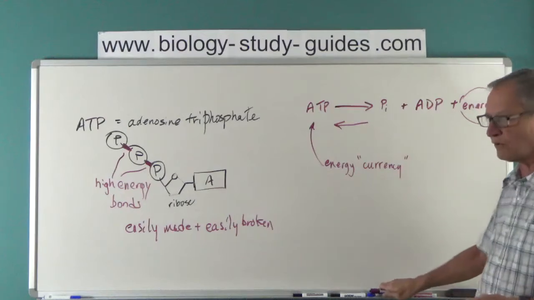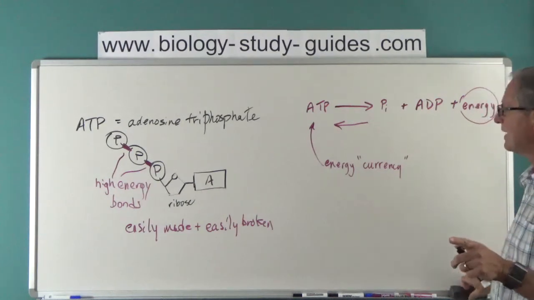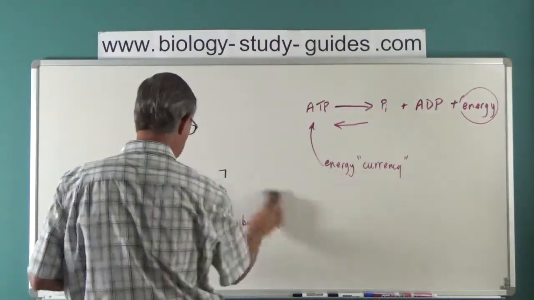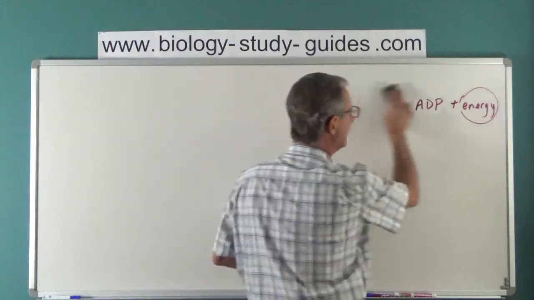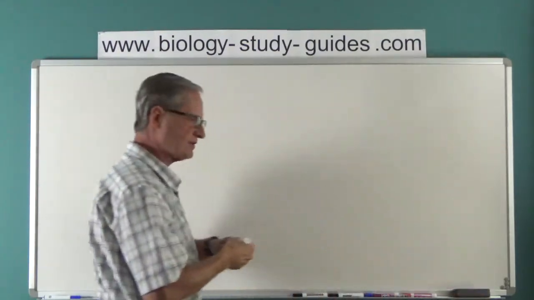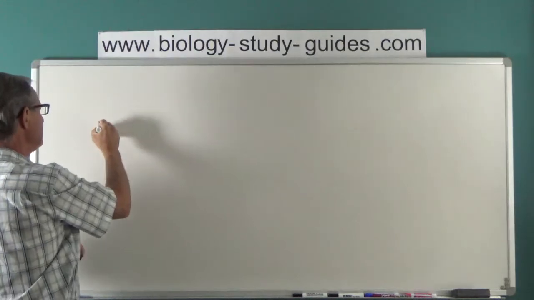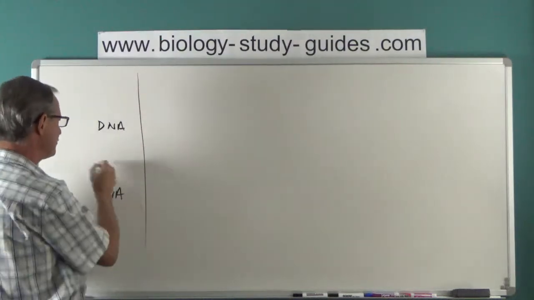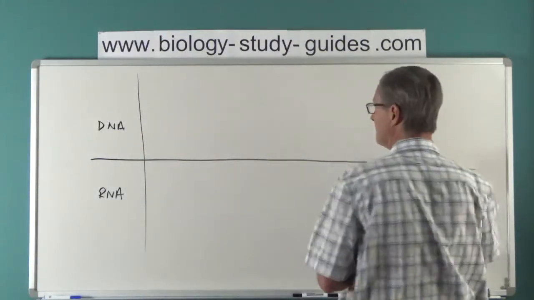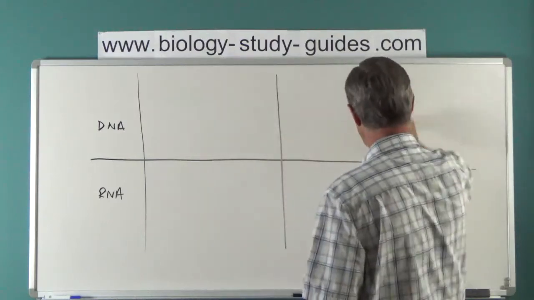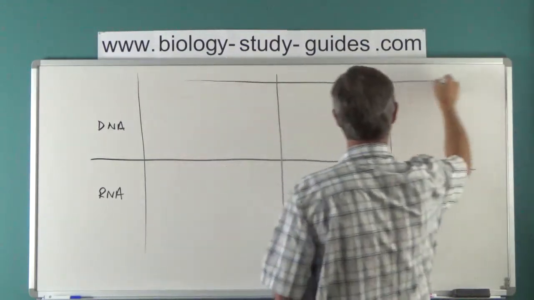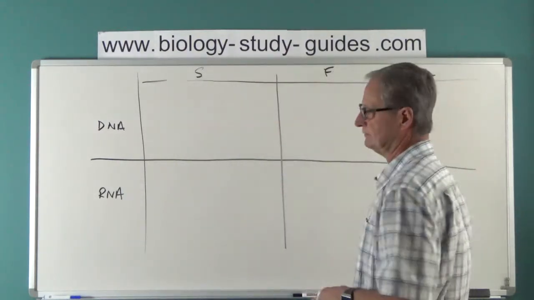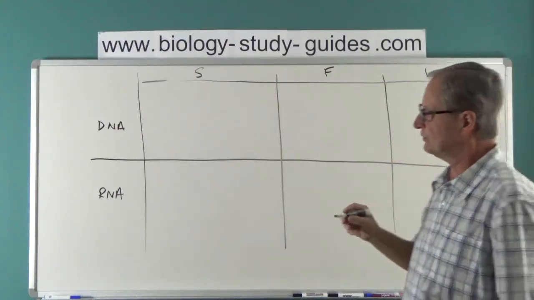I think that's pretty well the whole topic, but to wrap this one up, I want to return to something that I've done before. When you have two great big molecules like this, it's easy to contrast them. DNA, RNA. If you're going to contrast these things, you pick out differences between them in terms of structure, function, and location. Most of what we dealt with is structural differences.